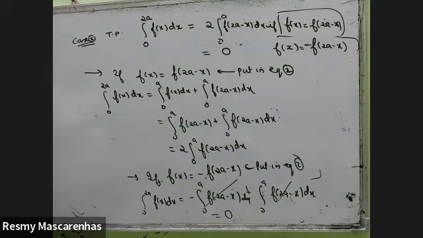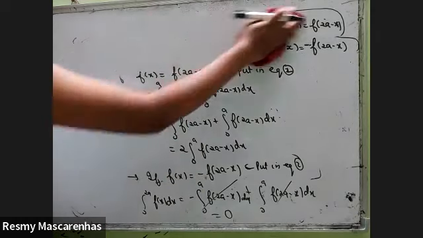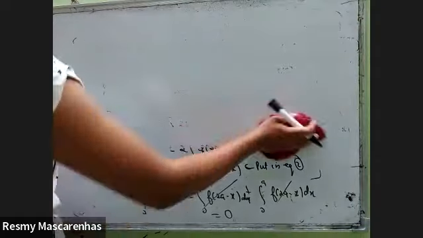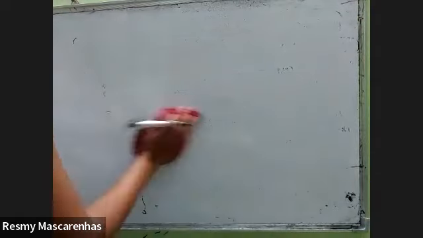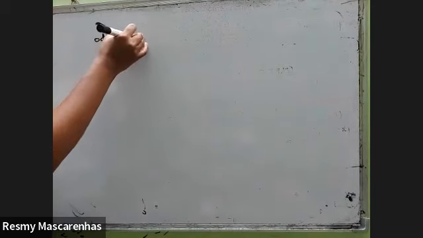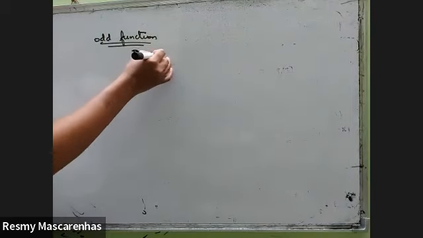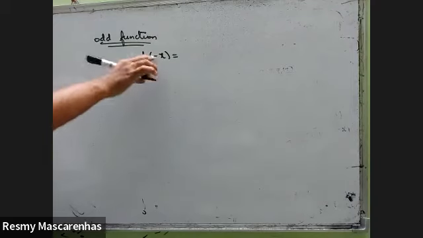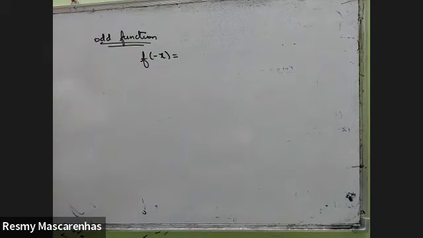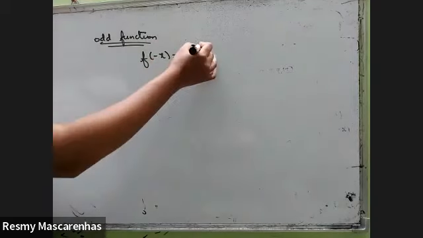The last proof for that. Before the proof, I'll tell you what an odd and even function is. What is an odd function? As per definition, f of minus x is always equal to minus f of x.